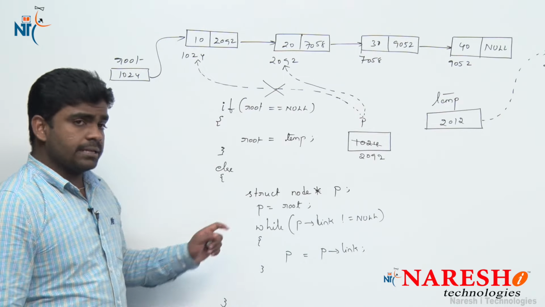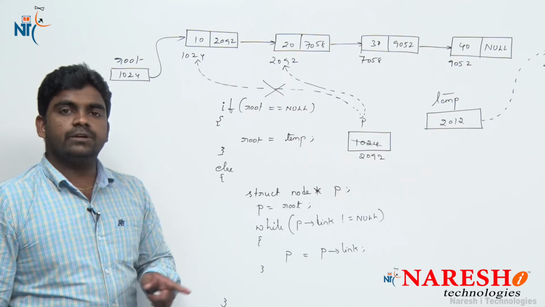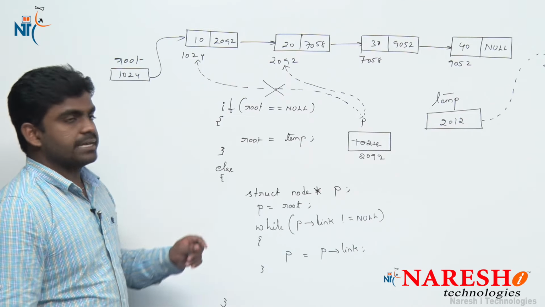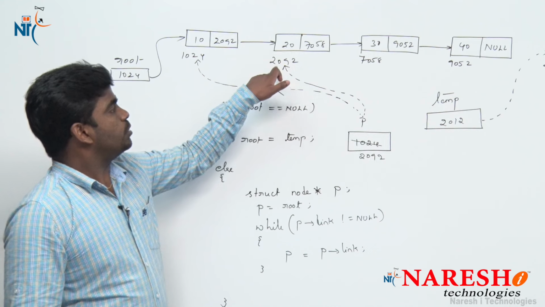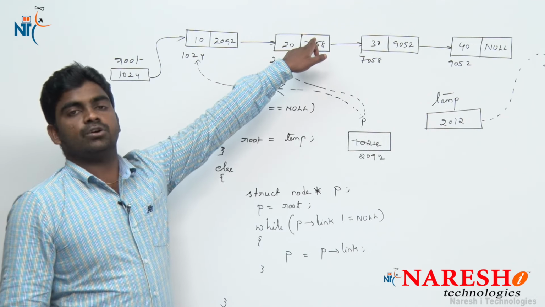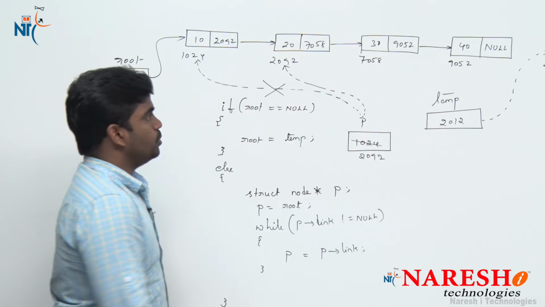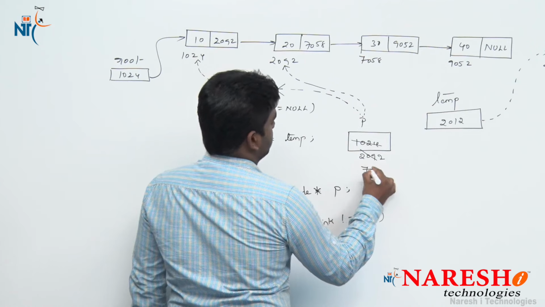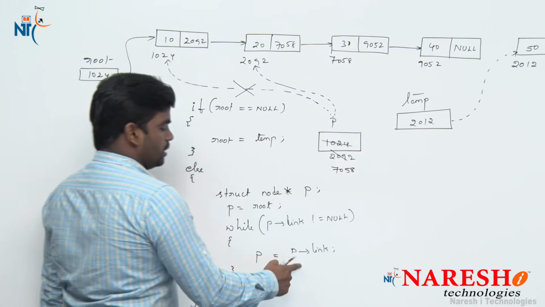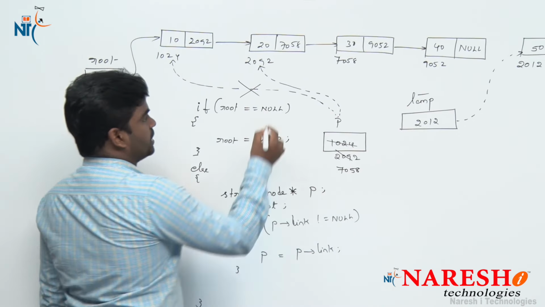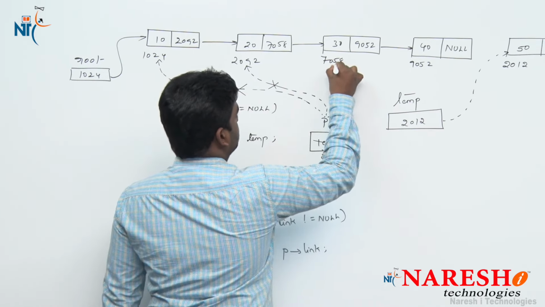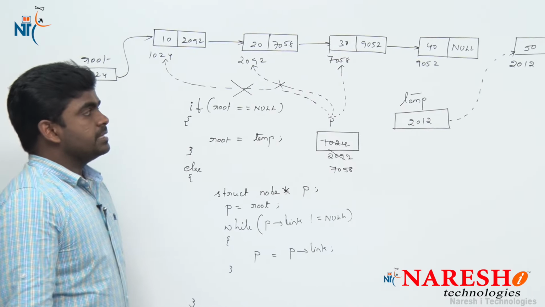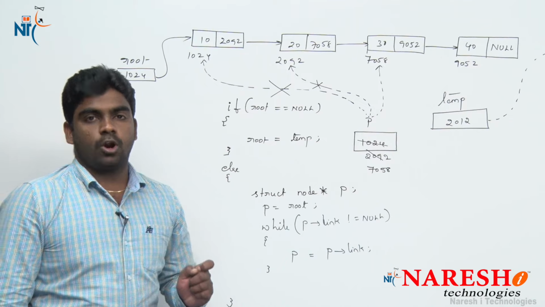Next while loop. As long as the condition is true, it will repeat. So what is the second node? Again P2 link not equals to null. 2092 to link is 7058, not equals to null. So the 7058 P2 link value will be stored into P. It stops pointing to the second node and it is pointing to the third node. 7058 to link not equals to null.